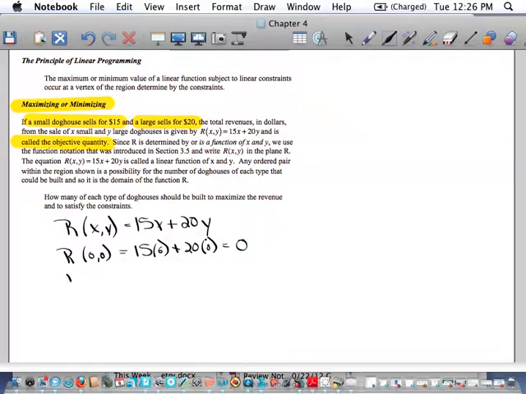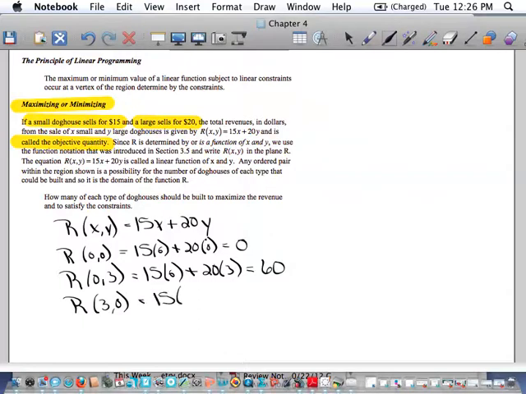Another vertex was at (0, 3), meaning he produces 0 small doghouses but 3 large doghouses. So 15 times 0 plus 20 times 3, his revenue would be $60. Another vertex was at (3, 0), meaning he's going to produce 3 small doghouses but no large doghouses. His revenue would be $45.